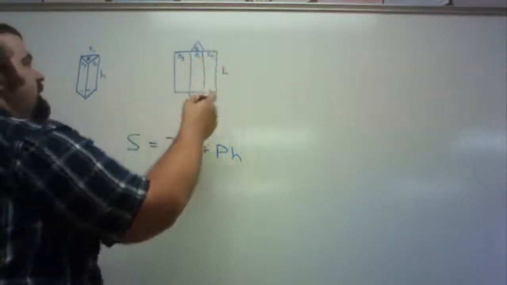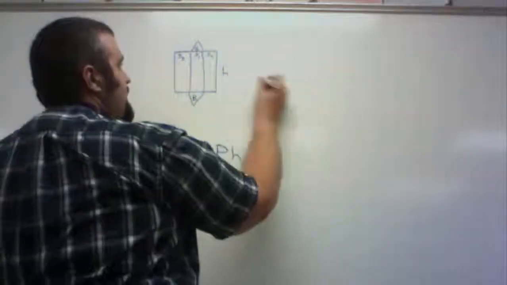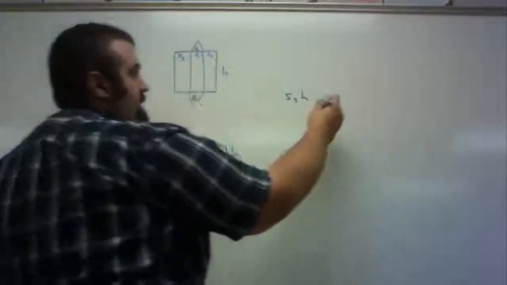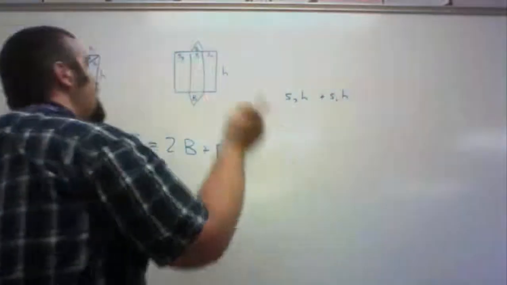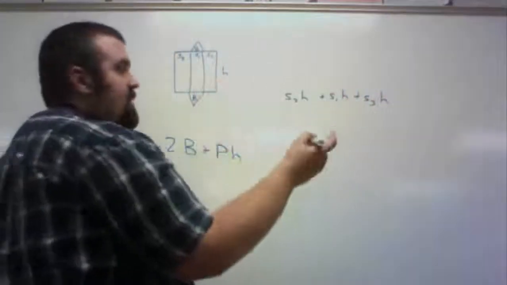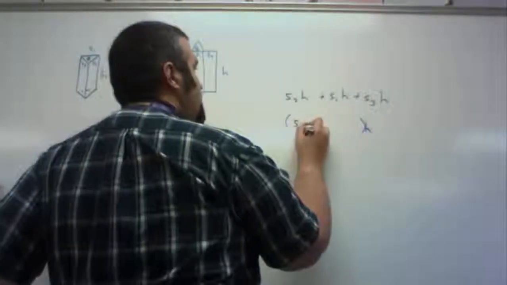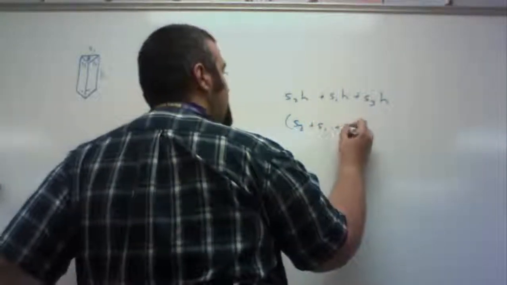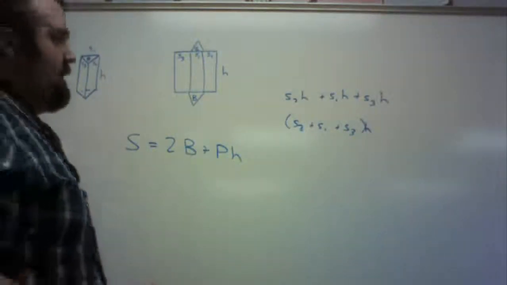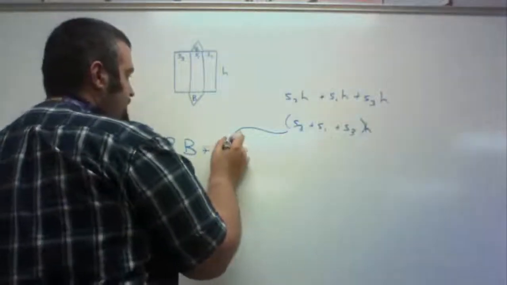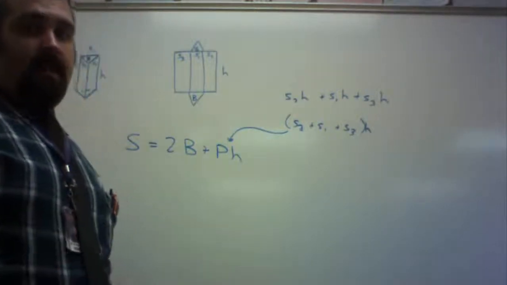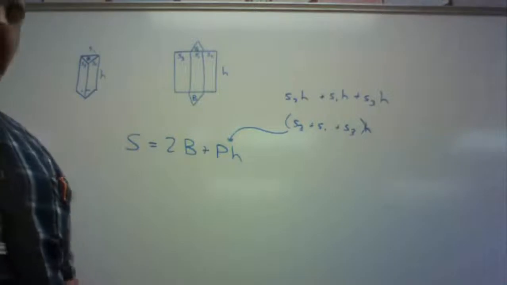If I look at this rectangle right here, its area is S2 times H. The middle rectangle is S1 times H. And the last rectangle on the left side is S3 times H. If I factor out an H, I get side 2 plus side 1 plus side 3, which, added up, is the perimeter of the base. So instead of writing it that way, I'll write 2 times the base area plus the perimeter times the height. And there we go. That's the equation for the surface area of a prism.